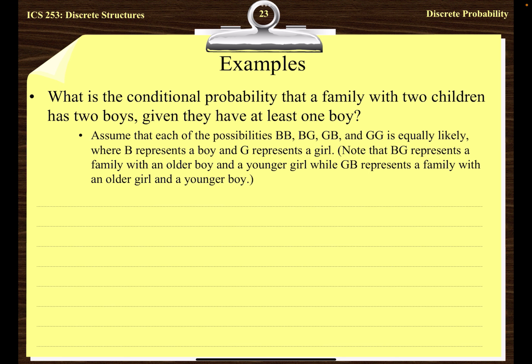E has 2 boys. A family of 2 children has 2 boys. So has 2 boys. This is my E. And what is my F? Have at least 1 boy.